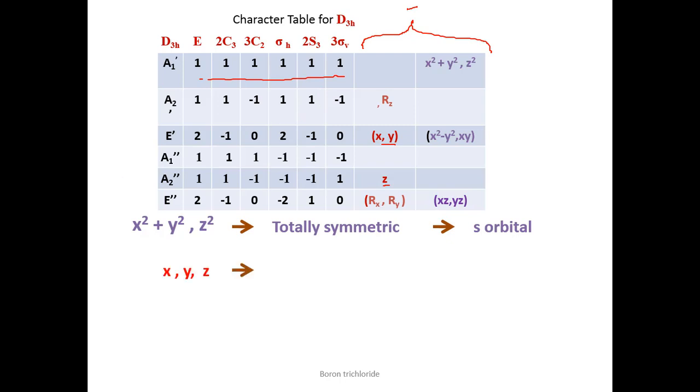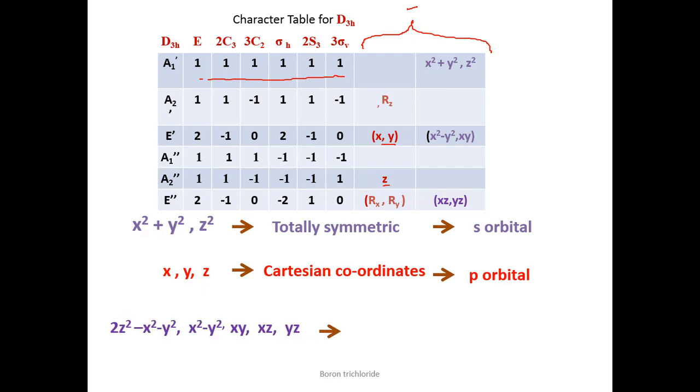Next is x, y, z. They are known as Cartesian coordinates. If you find the Cartesian coordinates against the terms in the reducible representation, it indicates the p orbitals. If you find the quadratic terms given, like x square minus y square, xy, xz, yz, etc., against the term in the reducible representation in the character table, they represent d orbitals.